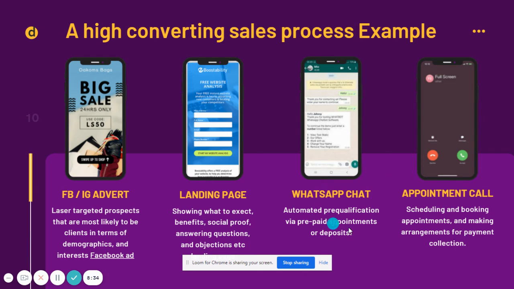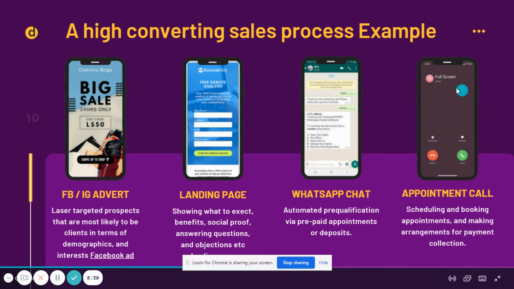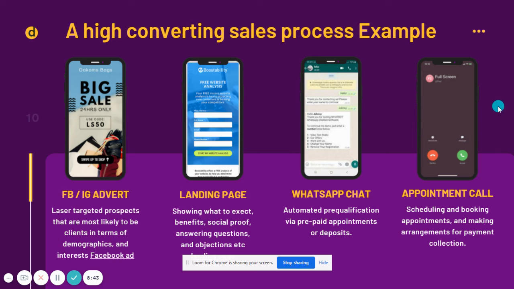now because they have passed through all of this process, you can contact them directly, either through WhatsApp, continuing this chat, or you can call them or text them or converse with them on Messenger. At this point you are going to be dealing with high interest clients.